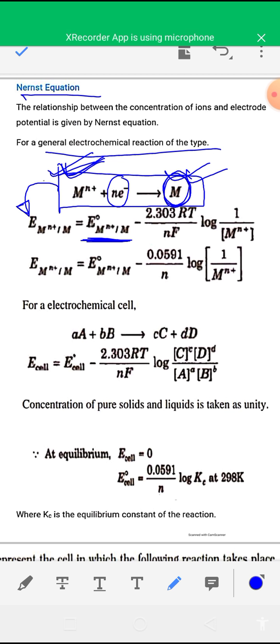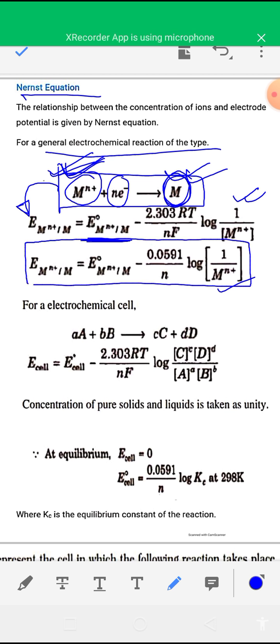M is a solid product, so its concentration is taken as 1, divided by the concentration of M^n+ ion. This is the Nernst equation for the calculation of electrode potential.